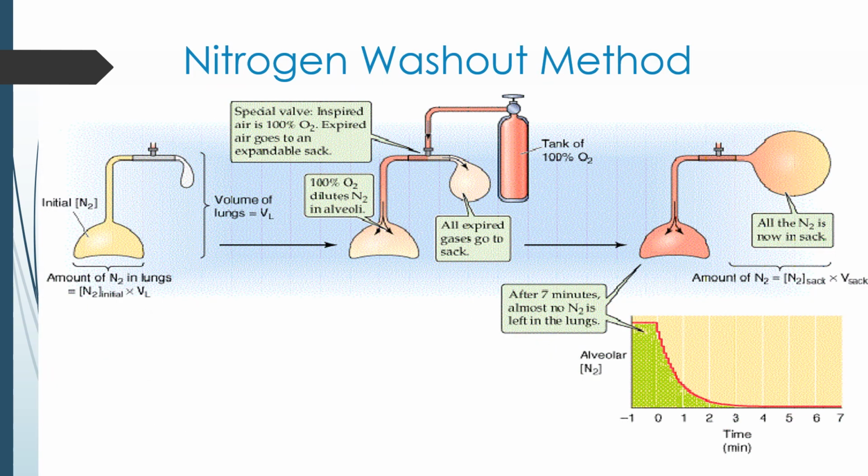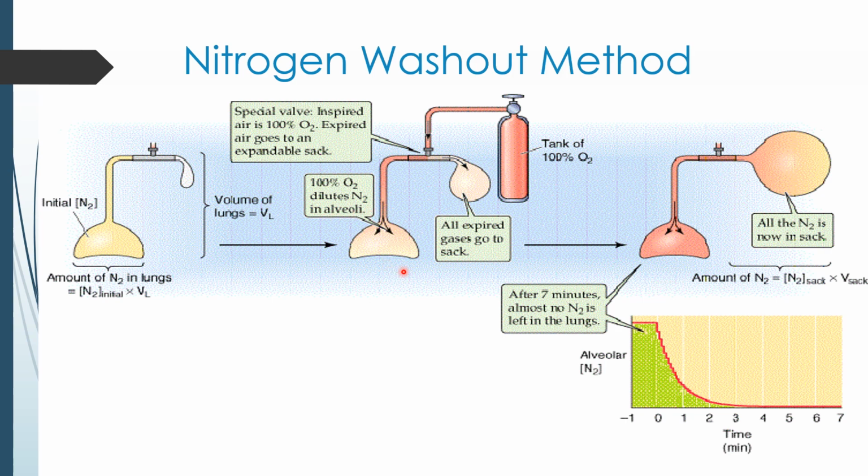Nitrogen washout method. This method is used to measure the functional residual capacity. It is based on the assumption that alveolar air has 80% nitrogen. In this method, the subject is made to wash out the nitrogen from the lungs completely by inhaling pure oxygen for 5 minutes and expiring it into a large gas bag called the Douglas bag.